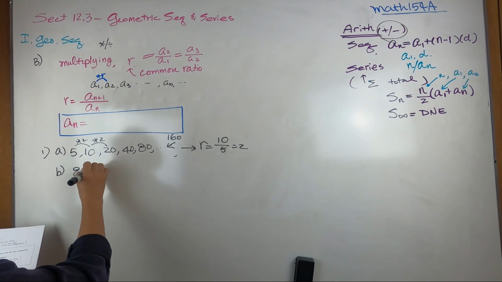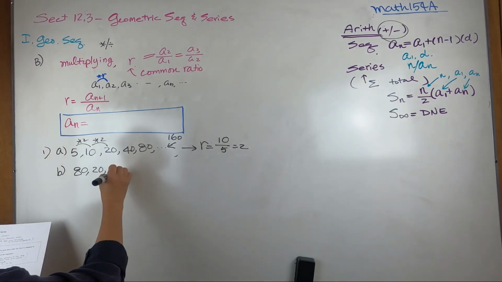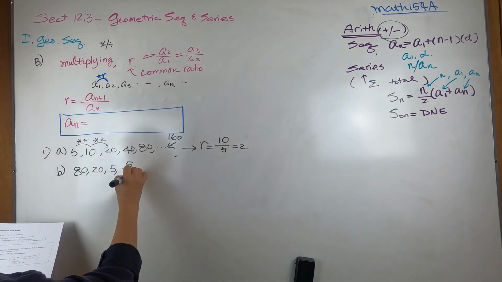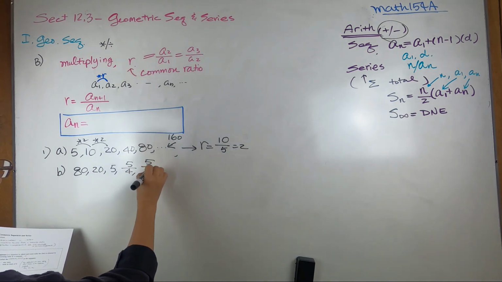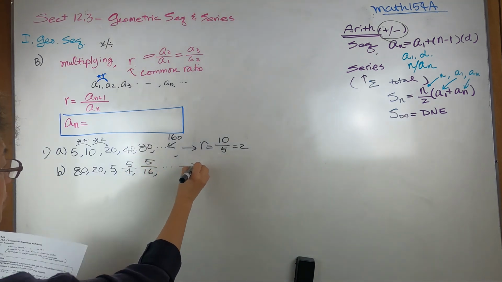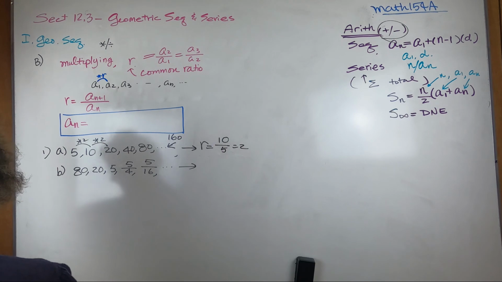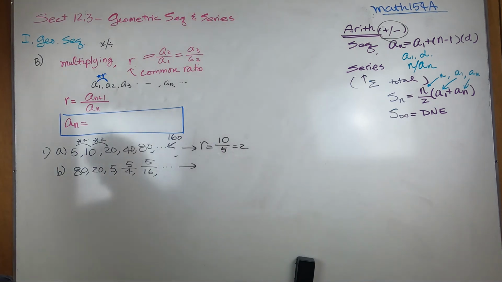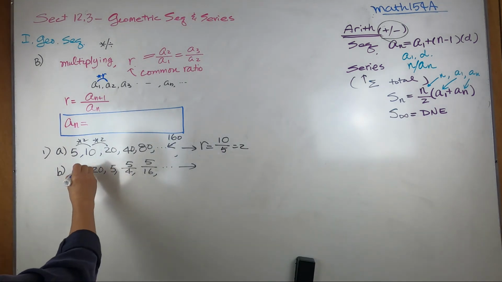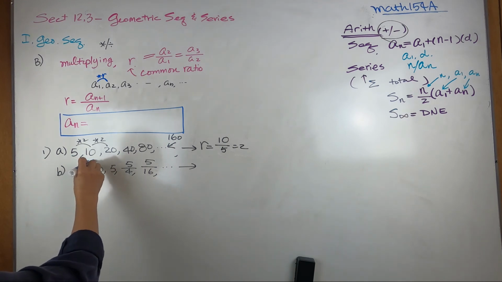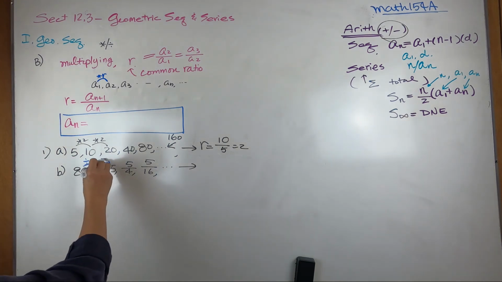If we have this one, 5/4, what do you think the next term would be? Let's see if there is a pattern. That would be divided by 4.